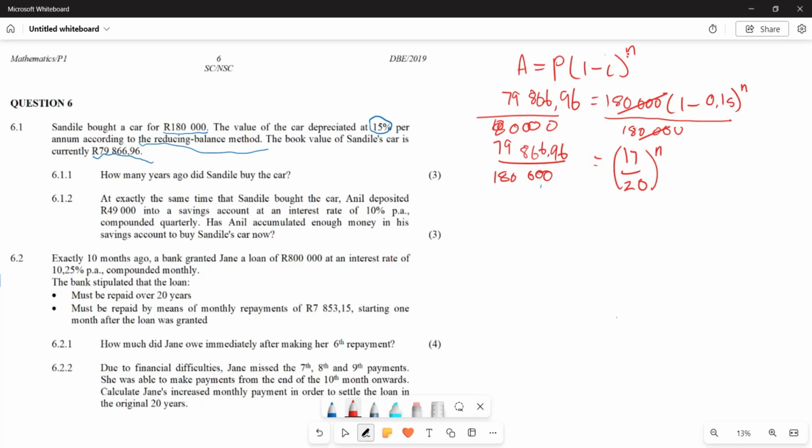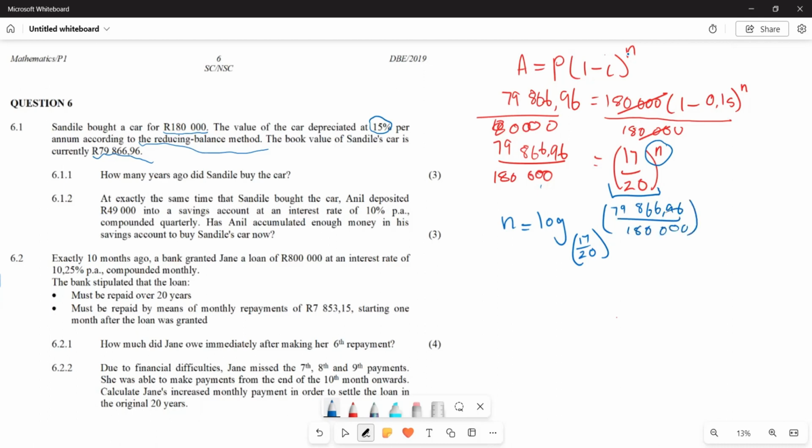This is going to be your value of N here. We are going to say this is going to be N, which is going to be log base 17 out of 20, and this is going to be your base here, right? And on this side, we are going to write 79,866.96 over your 180,000.